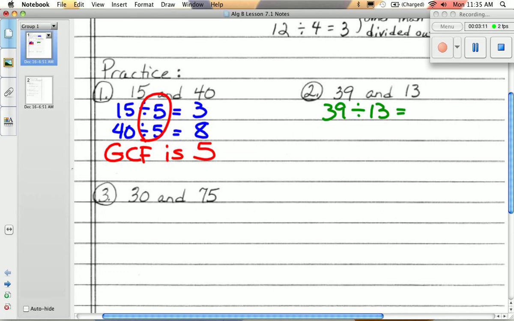So 39 divided by 13 is 3, and 13 divided by 13 is 1. So far, we have divided both of them by 13. Is there anything that goes into 3 that also goes into 1 other than 1 itself? No. So we say the GCF of this one is 13.